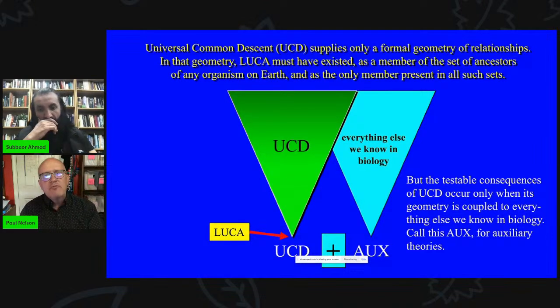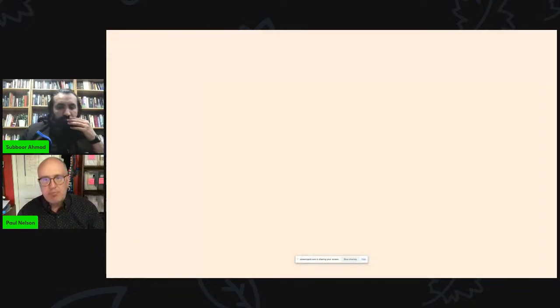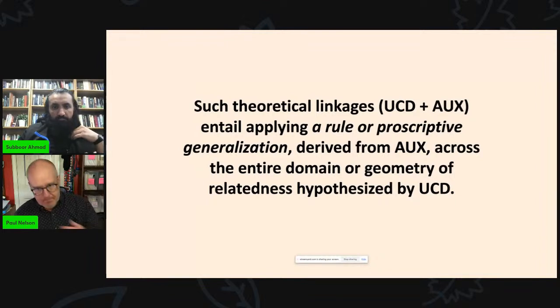And this is a feature of universal common descent that's not widely appreciated, but I think if you look at textbook predictions from universal common descent and pull them apart logically, you will find that the prediction flows from coupling that universal geometry. Mathematically, it's a Steiner tree with a single root. Couple that to everything else you know in biology, and that will yield predictions. And because of the universality of the geometry, the predictions then can go right across all domains of life. All right.